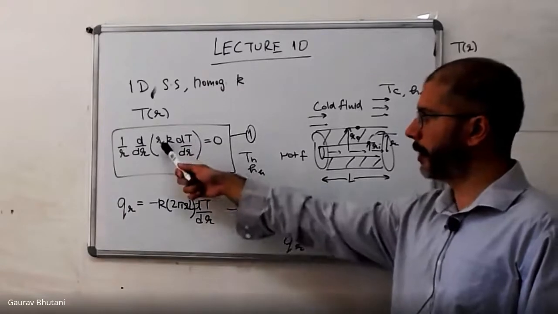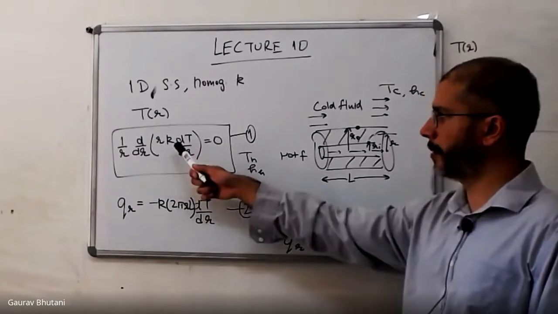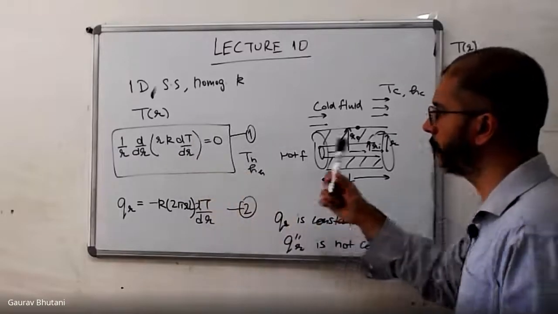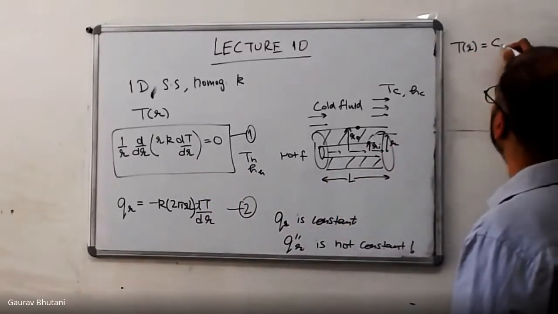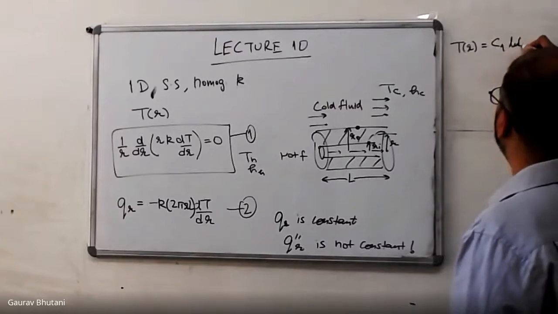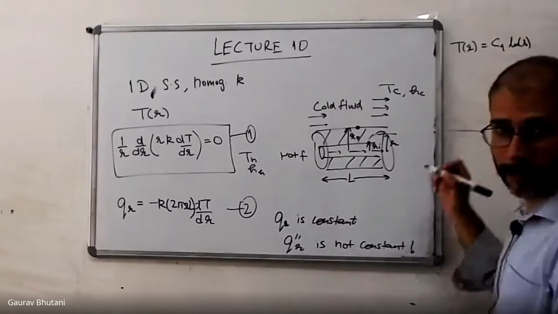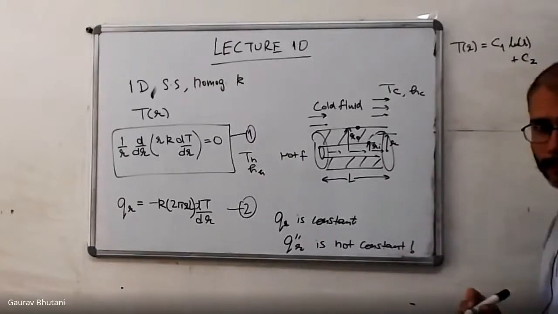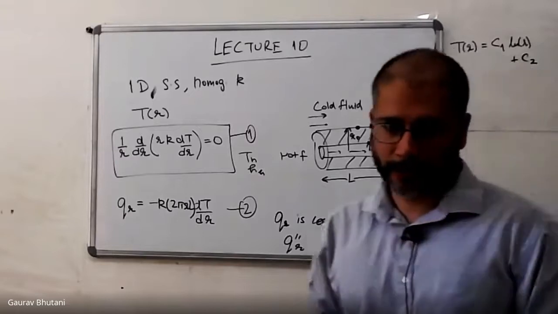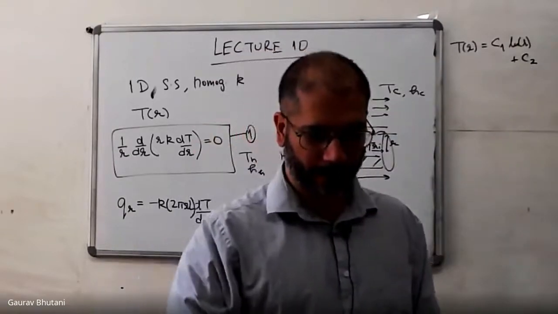So c1 divided by r times dr. What you'll get is T becomes c1 times the natural log of r, plus c2. So that is the solution we get for temperature as a function of r.